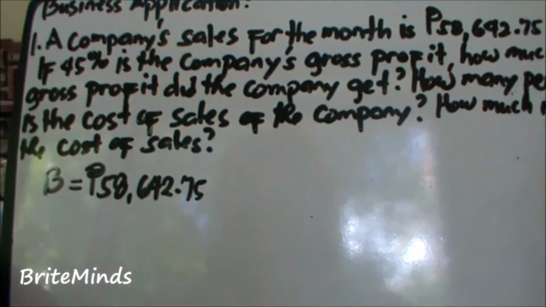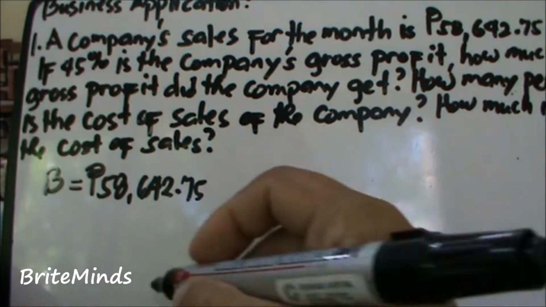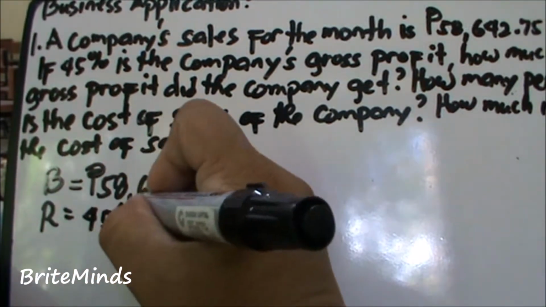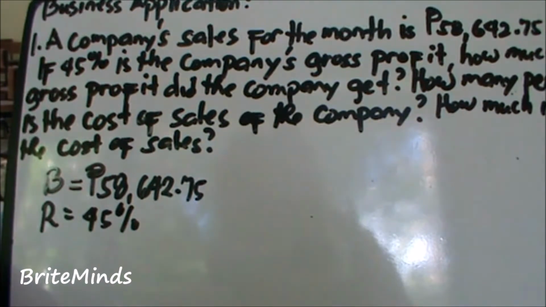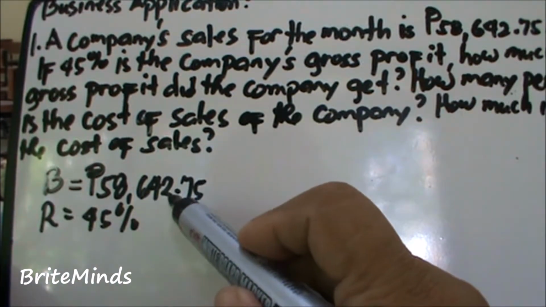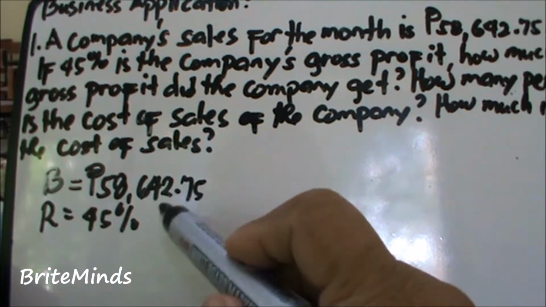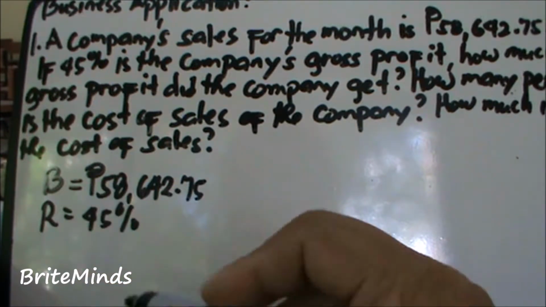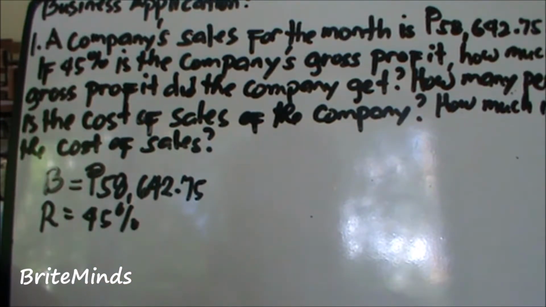And then the rate is 45%, 45% of the company's gross profit. Okay, so the question is, how much gross profit did the company get? So out of the 58,642 pesos and 75 centavos, 45% of it is the gross profit.